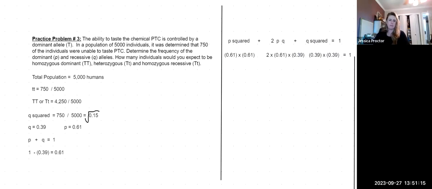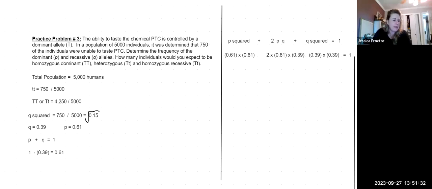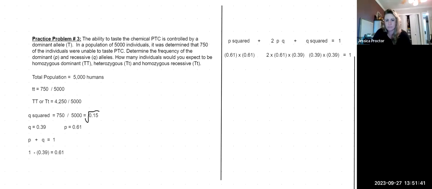All right, so now next thing we have to do, just punch it into our calculator. So we're doing P squared first, so 0.61 multiplied by 0.61, and then give me your answer rounded to 2 decimal places. 0.39? Not 0.39, so we're doing 0.61 multiplied by 0.61, and then we're going to round our answer to 2 decimal places.